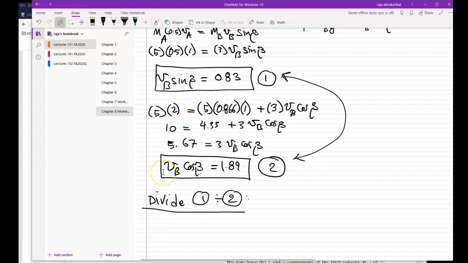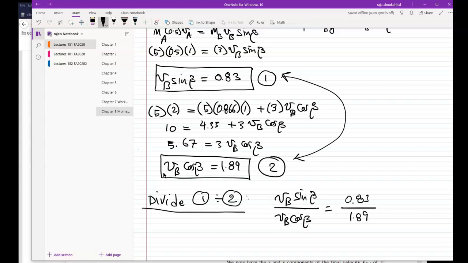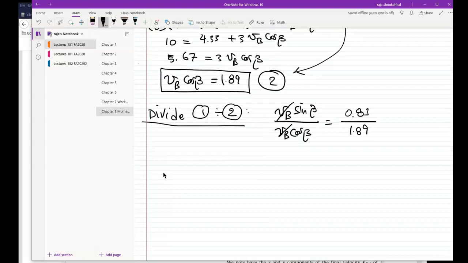Let me write it down. vB sine beta over vB cosine beta equals 0.83 divided by 1.89. You see the trick? So the vB's cancel out, and then sine over cosine is tangent. So tangent beta equals 0.83 divided by 1.89.